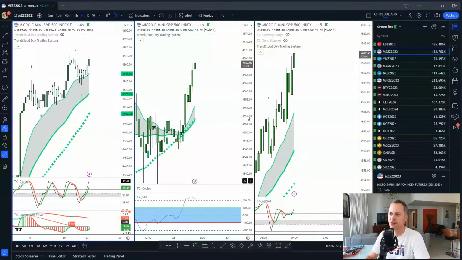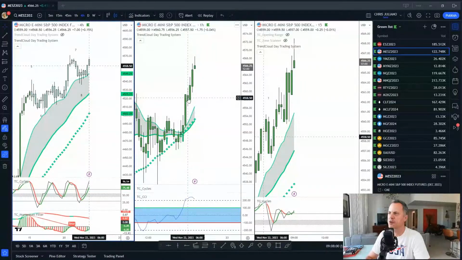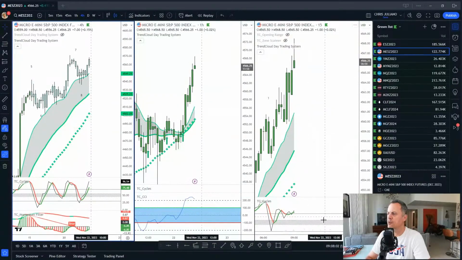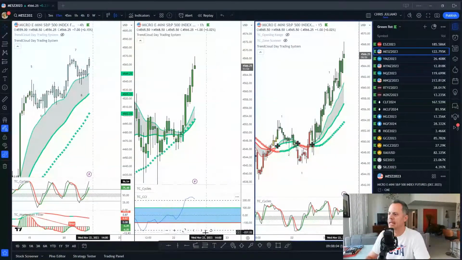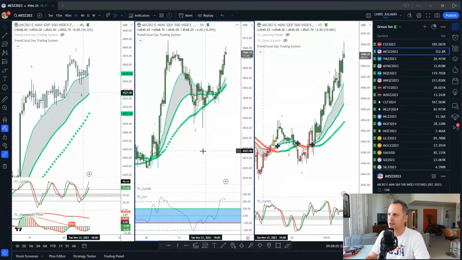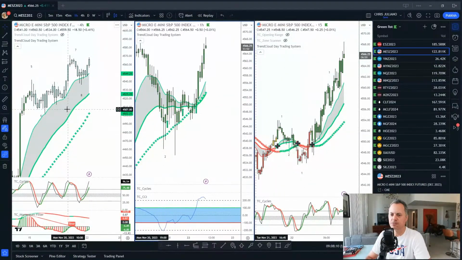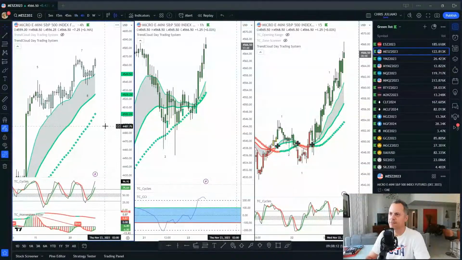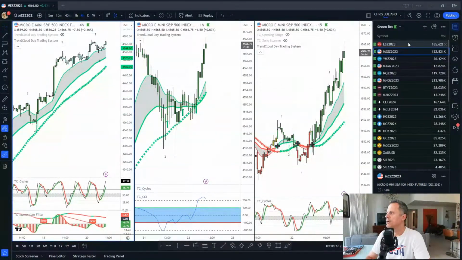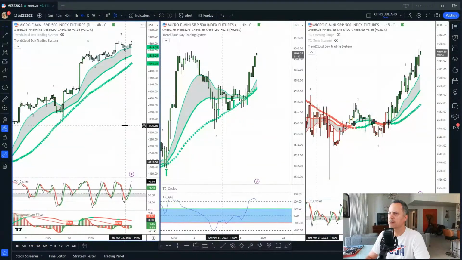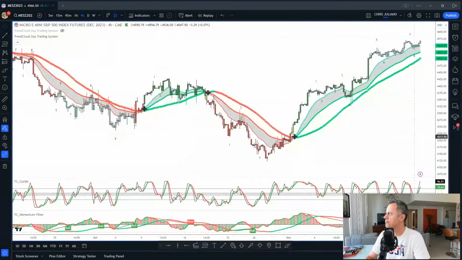We use 3 time frames: high time frame 4 hour, middle time frame 1 hour, low time frame 15 minute. Together, when we read TrendCloud across all 3 time frames, we get a very accurate picture of what price action is doing. Let's go over here and just focus in.